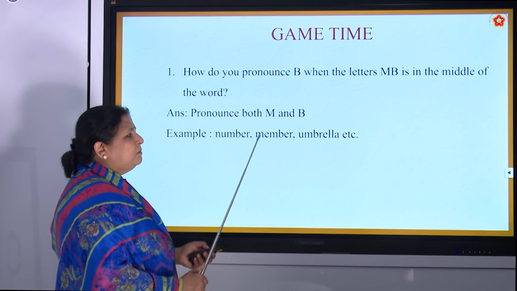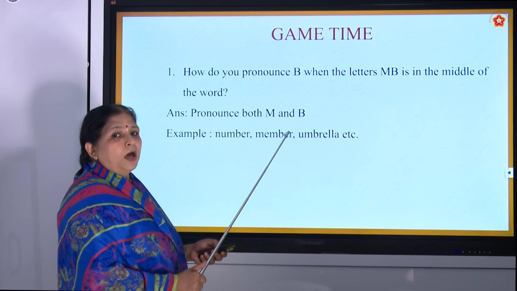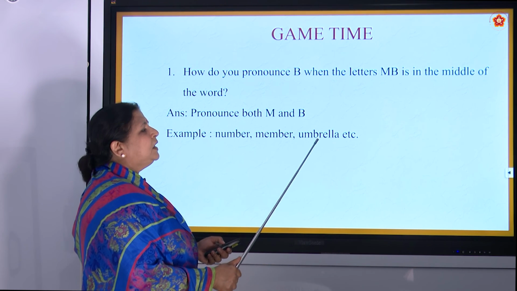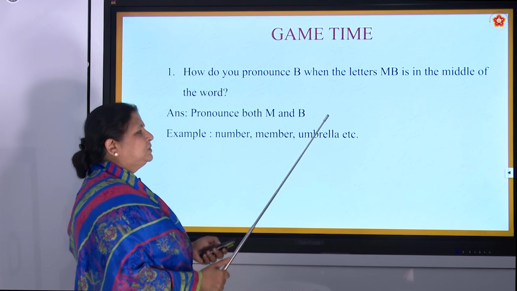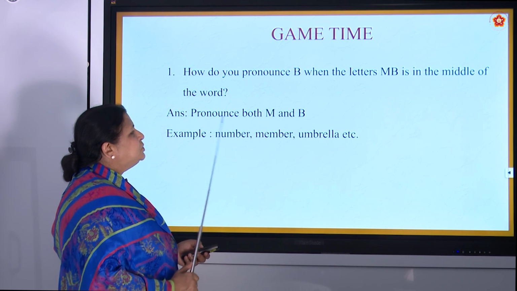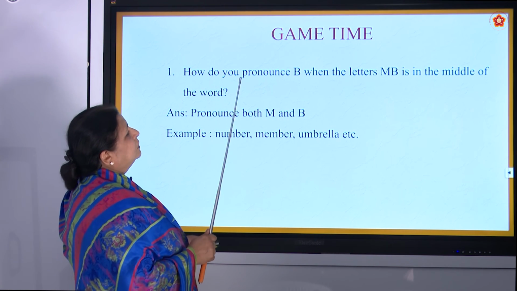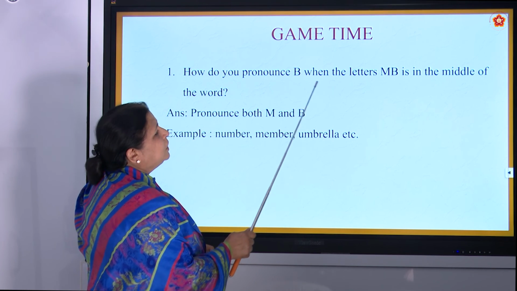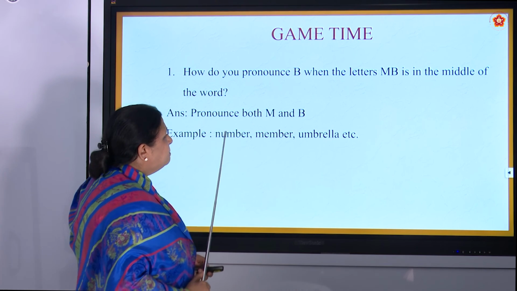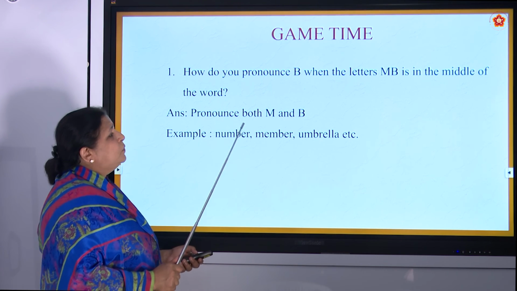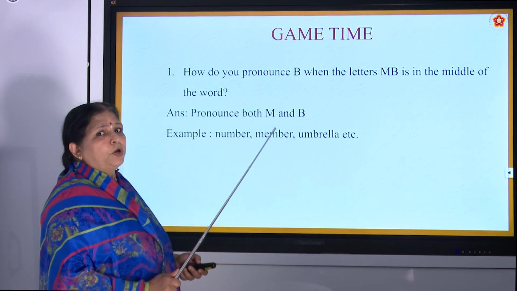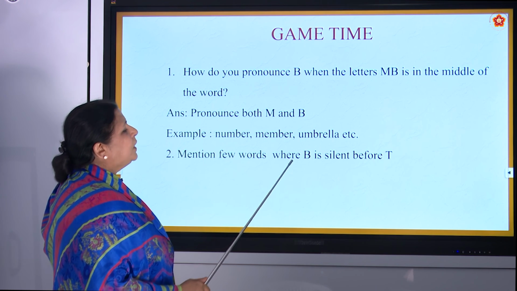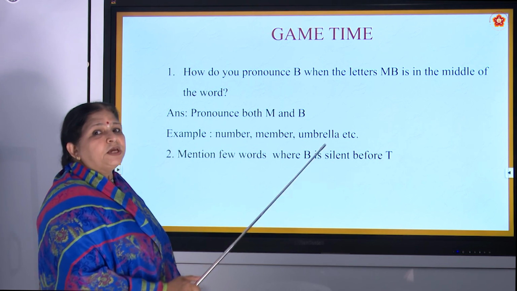Then member, M-E-M-B-E-R, member. Umbrella, U-M-B-R-E-L-L-A, and so on. So, now in these words you have seen that when M and B are in the middle, both M and B are pronounced. Very good.